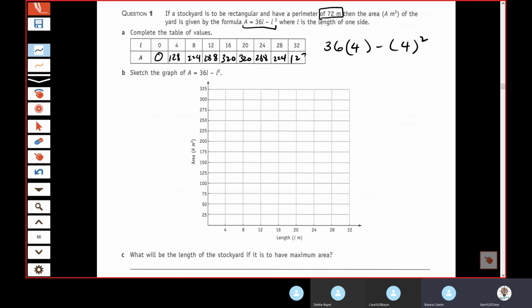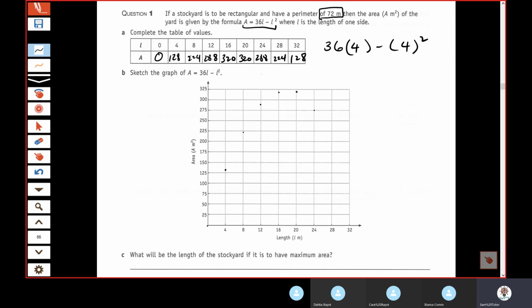Perfect. All right. Confirm if we understand that. Yeah, absolutely. All right, let's draw it again. 0, 0. 4 is 128, which is there. 8 is 224, which is just under there. 12 is 288, which is somewhere there. 16 is 320, which is there. 20 is 320, which is also there.